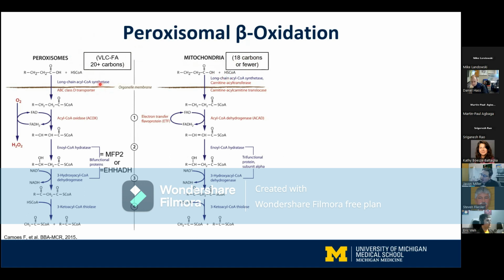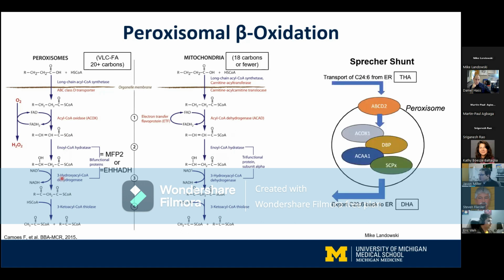That is not canonically true in the peroxisome. The first step in the peroxisome involves the conversion of O2 to hydrogen peroxide, which is why the peroxisome also expresses such high levels of catalase to detoxify the peroxide that's generated during the process. But the rest of these steps, they're different genes and proteins involved, but they really do a similar conceptual thing.